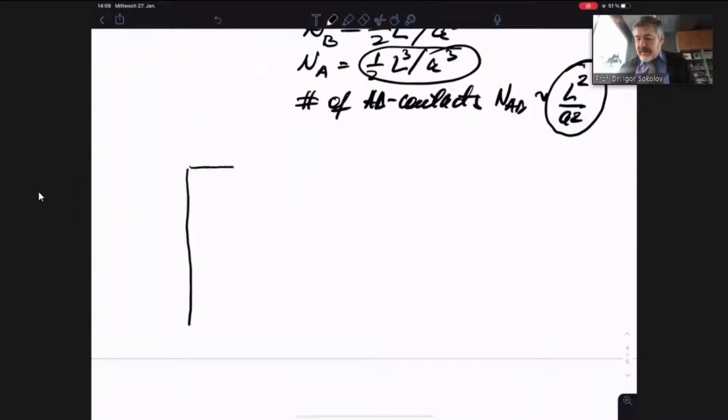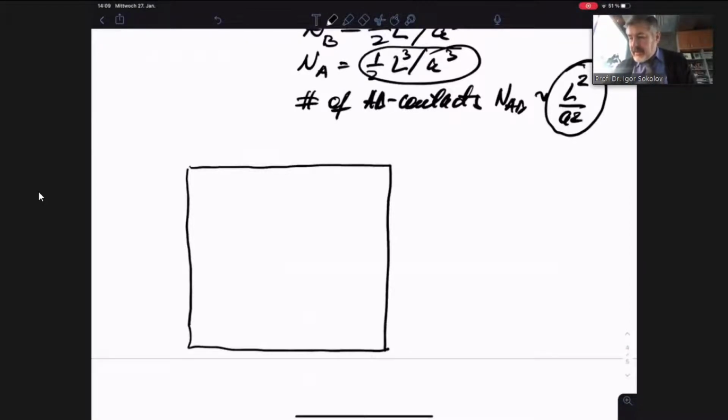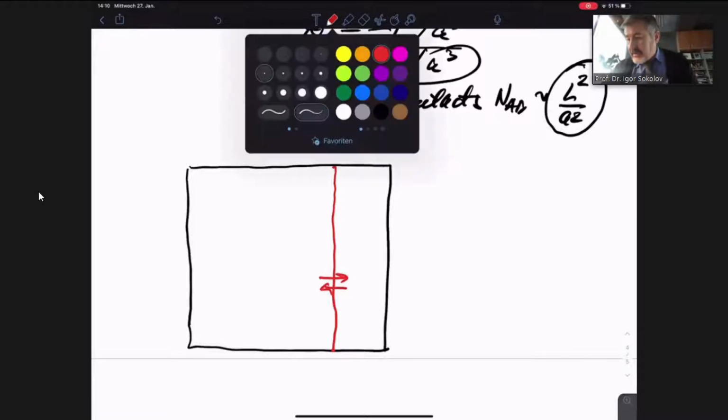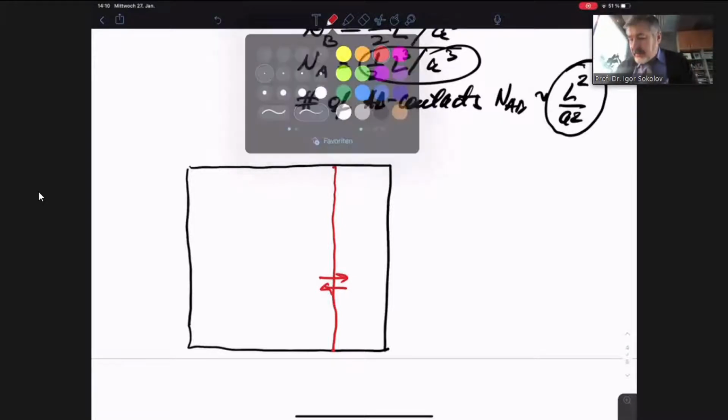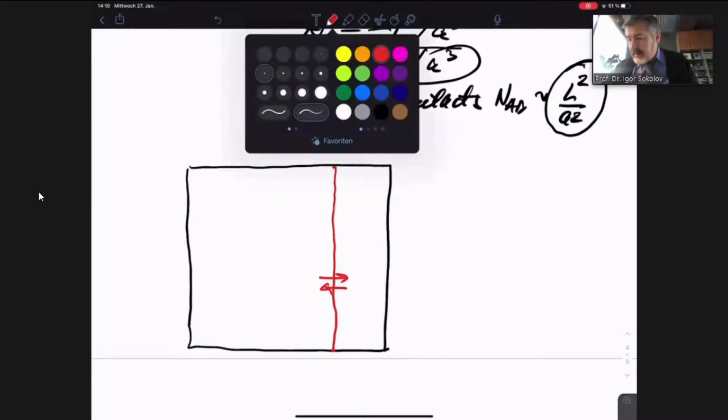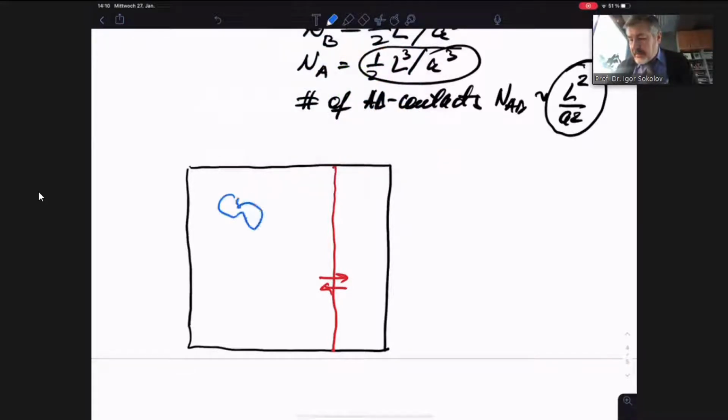I have a vessel. And I have in this vessel a semi-permeable membrane through which the solvent molecules can go both ways. It's absolutely permeable for the solvent, but it is not permeable for the polymer because the polymers are huge. They do not pass through. It's a kind of a sieve.